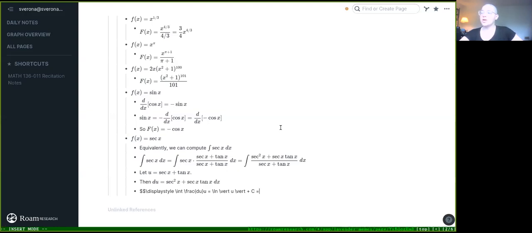But if I were strictly looking for an antiderivative, we speak of an antiderivative, but we speak of the indefinite integral because there are many antiderivatives, but there's only one indefinite integral, because it's the collection of all the antiderivatives. There can only be one of those. So if I go back to x's, which is what I have to do after a u sub, this becomes log of secant x plus tangent x plus a constant.